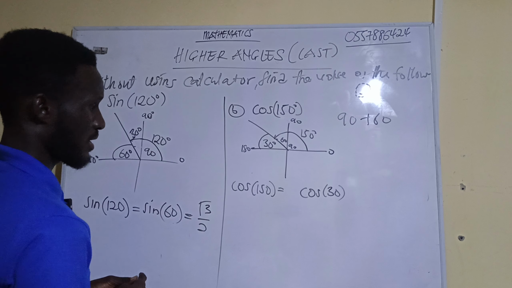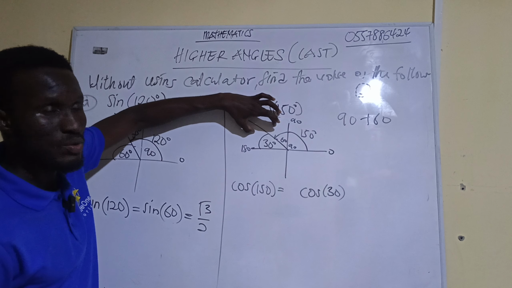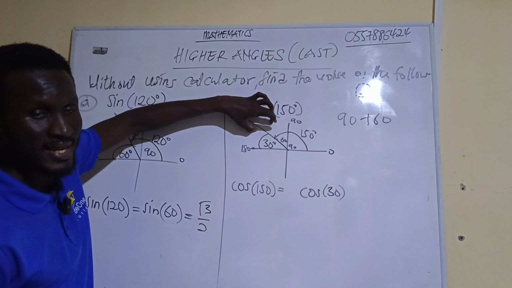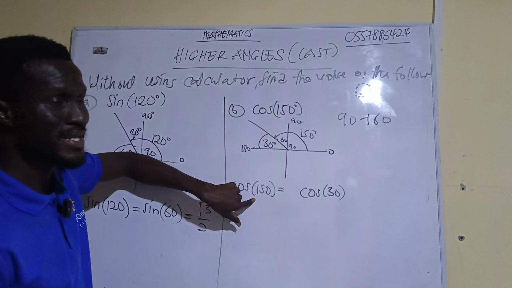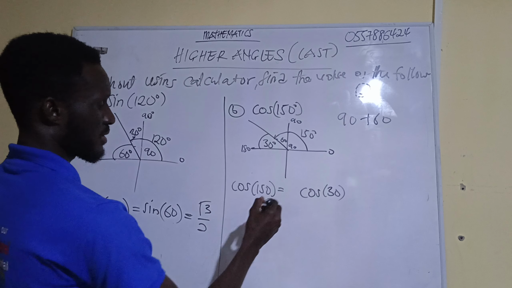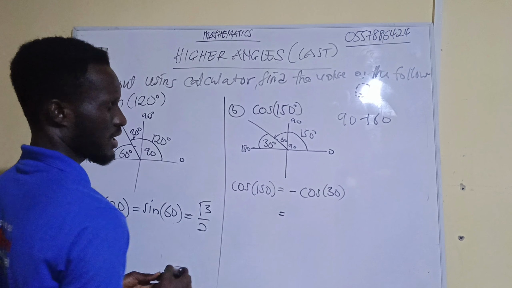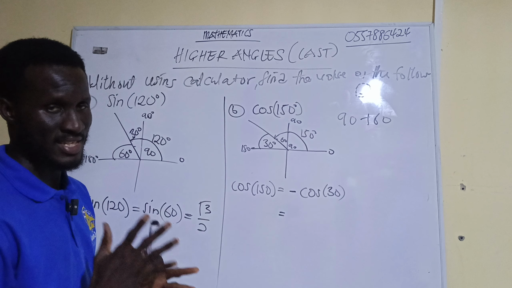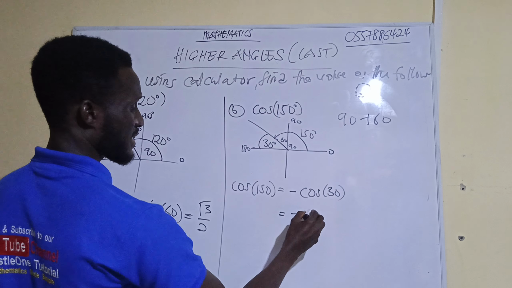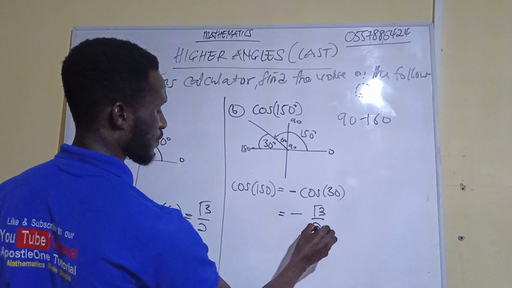Now let's look at this one. This angle 150 is forming in the second quadrant, and in the second quadrant, cosine is negative. So I need to negate this one. I hope you are following. Now what is cos 30? 30 is a special angle, so cos 30 is root 3 out of 2.